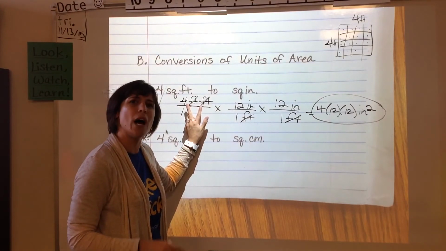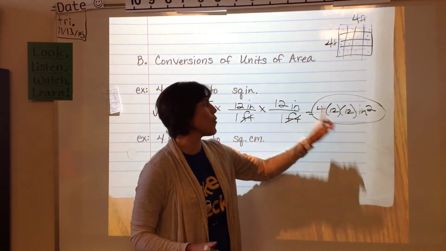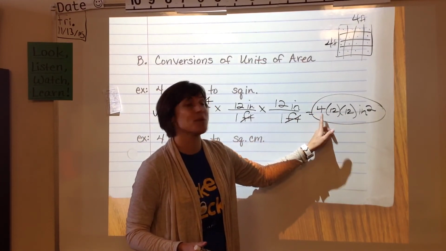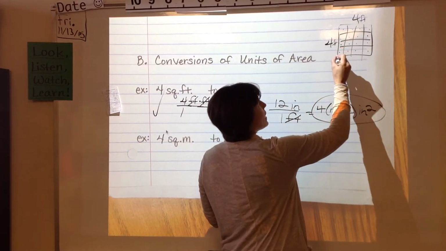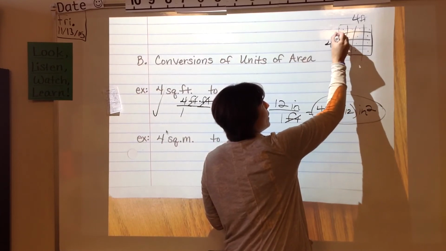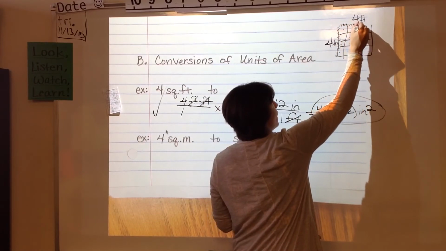Alright? Now, I drew this picture because I wanted you to be like, 4 times 12 times 12, that's 144 times 4, which is what? 488? I don't know, but it's a lot, right? That's because in every single one of these is 12. 12, 12, 12, by 12, 12, 12, 12.